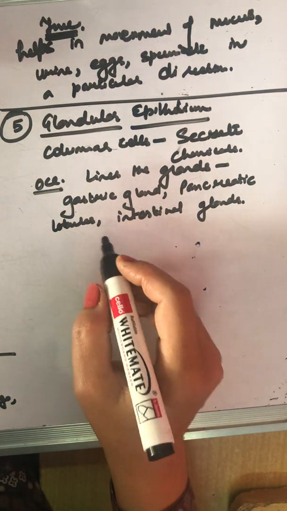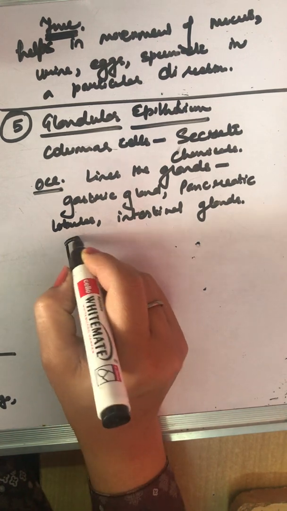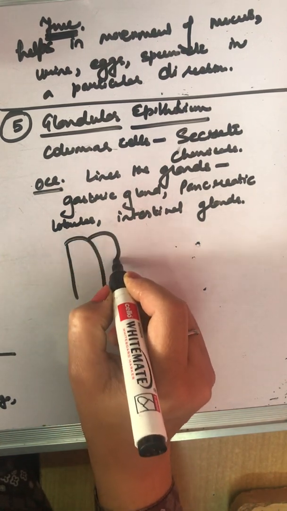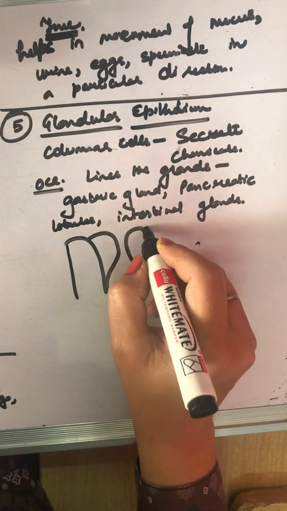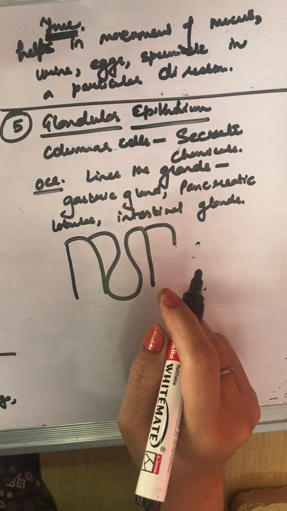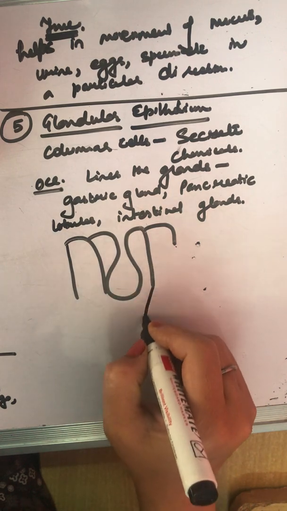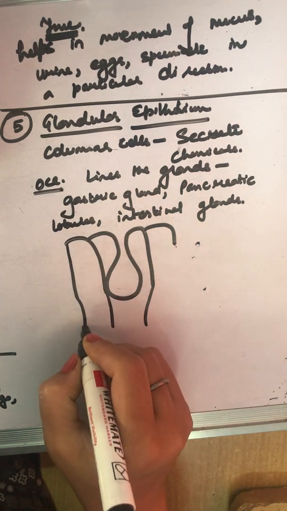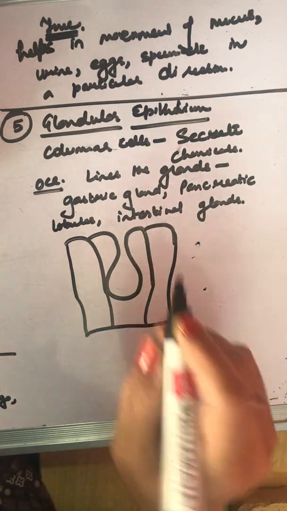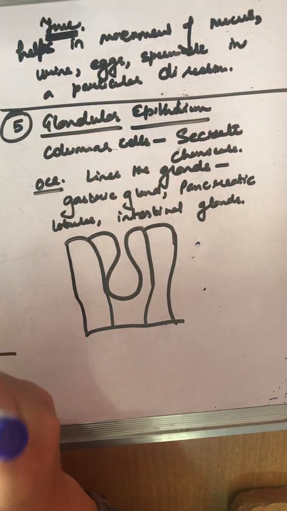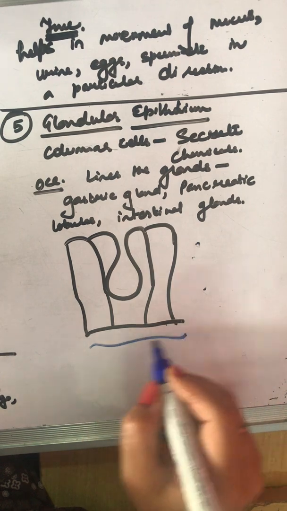So how do they look like? They are somewhat like this. See. And here on the bottom, we always draw the basement membrane.